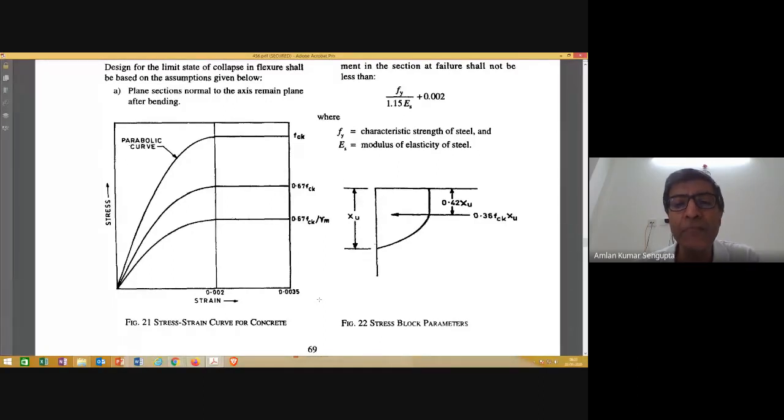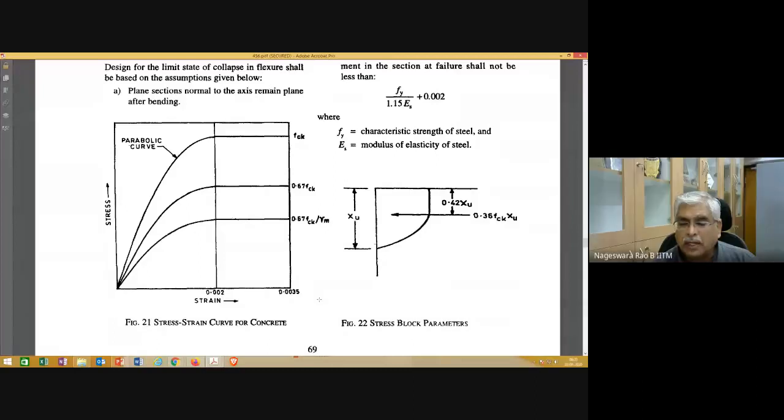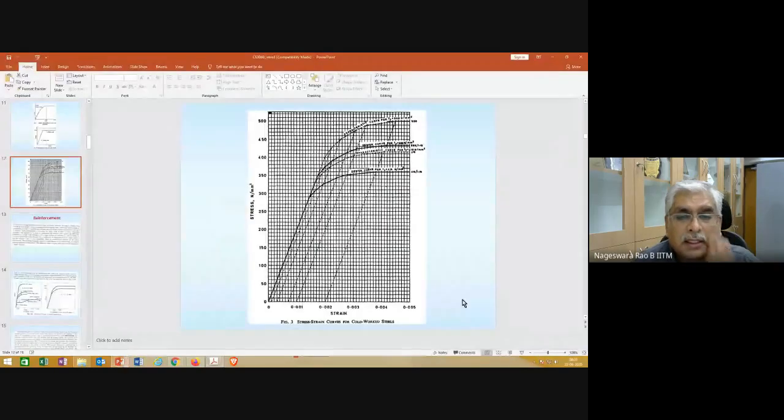The stiffness remains more or less the same. And hence, the partial safety factor is not applied in the initial part of the curve for the steel. Okay. Yeah, somebody has some question? No questions? So let's proceed further.